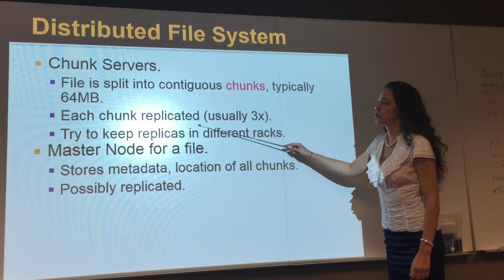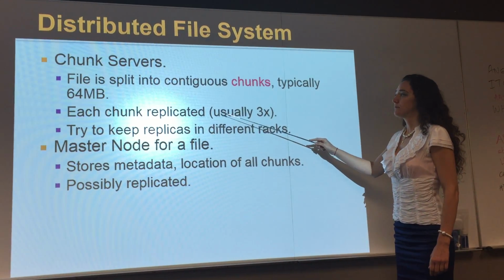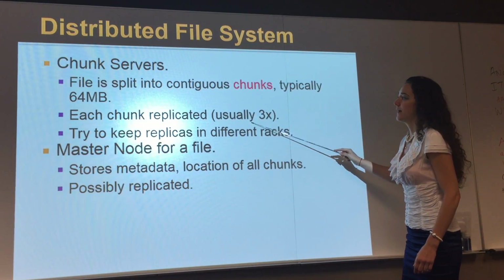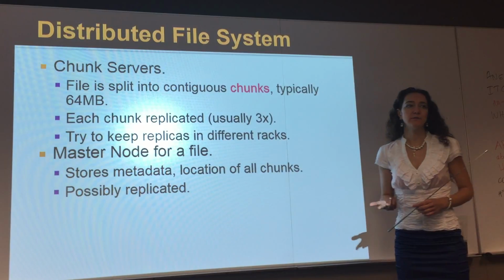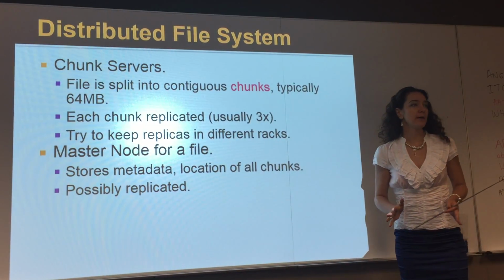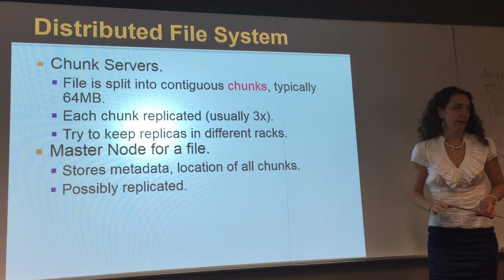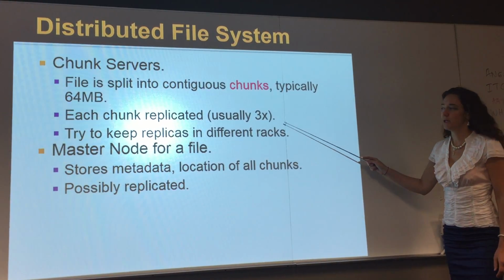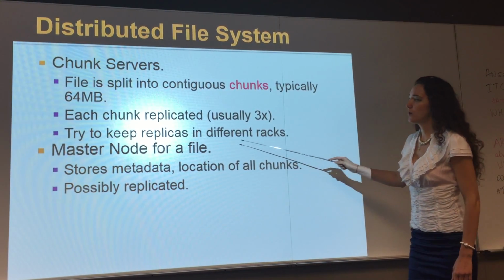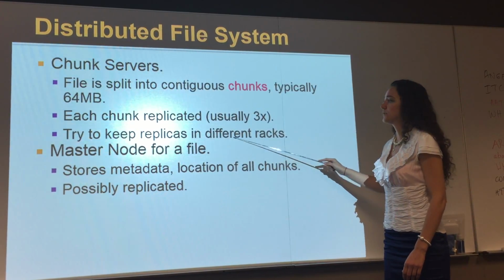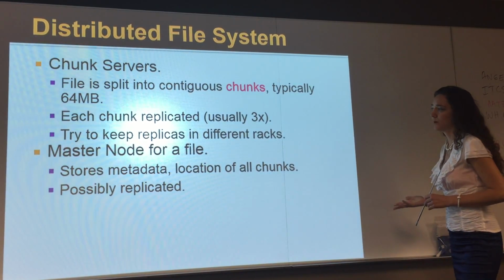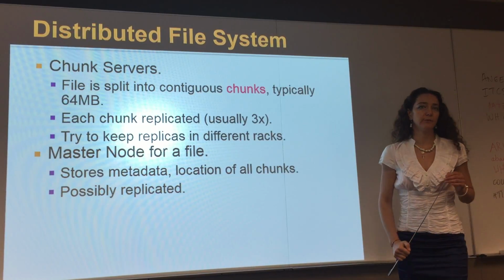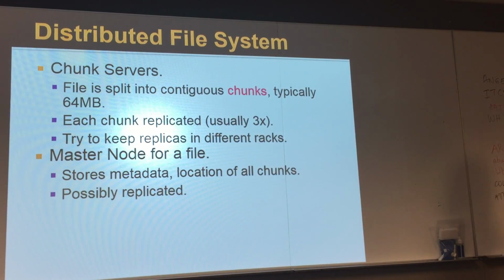Then this piece or chunk is replicated. It means that we keep multiple copies of that piece in several different places in case one of them fails. So usually the piece is replicated 3 times. And then we try to keep these replicated pieces on different racks in case one of them fails.